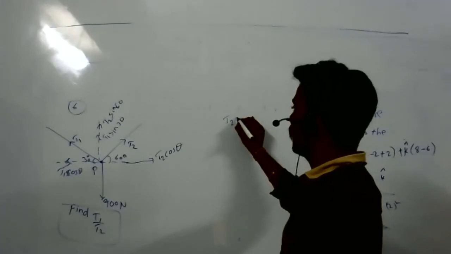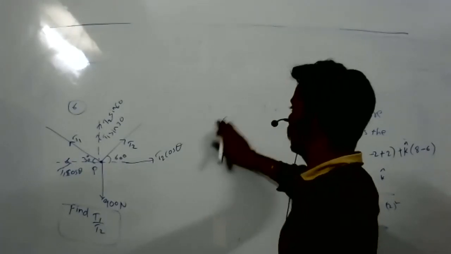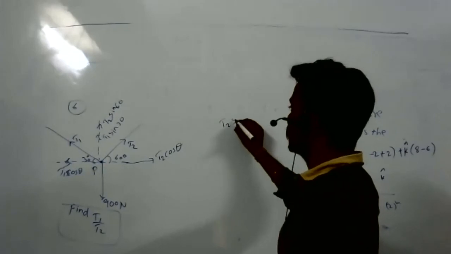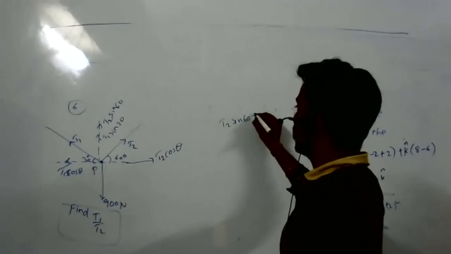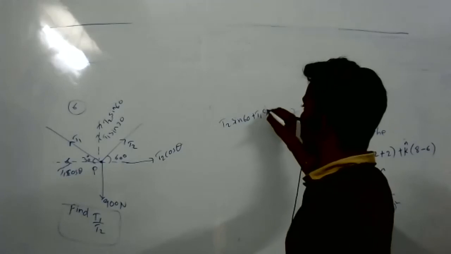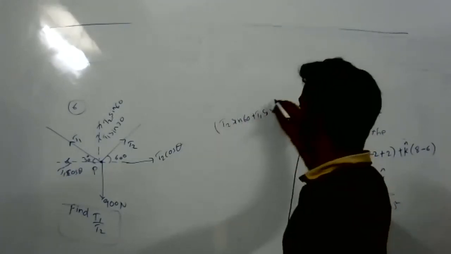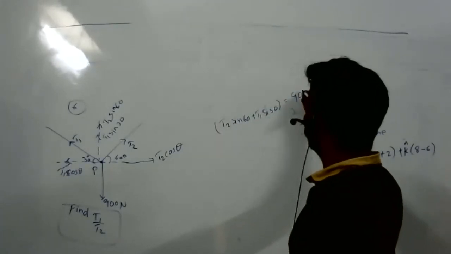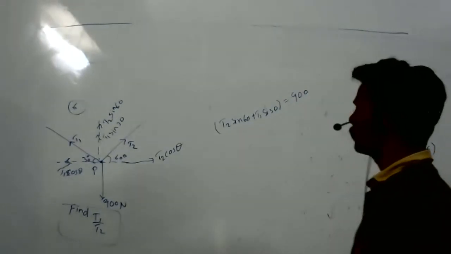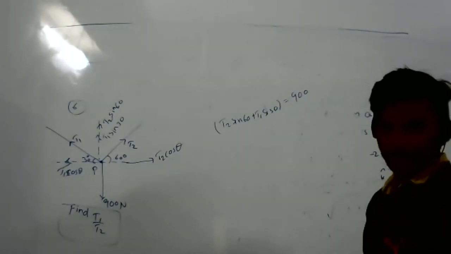T2 sin 60 plus T1 sin 30 equal to 900, right? Yes, sir.